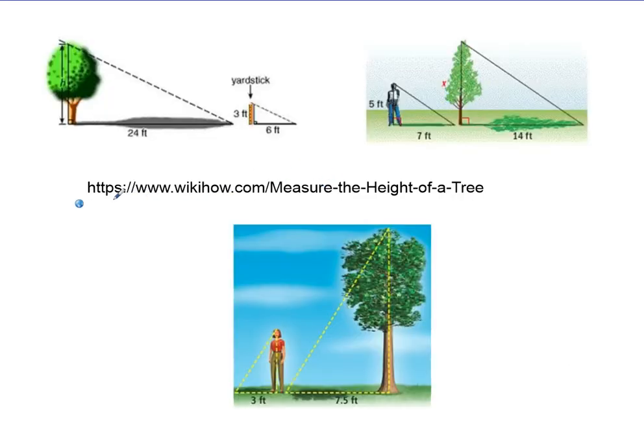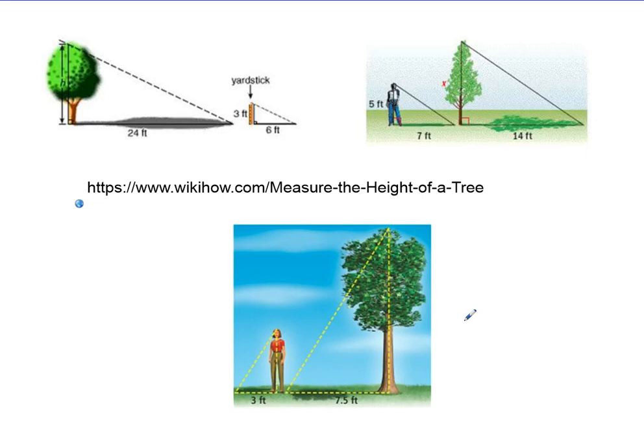So if you Google how tall is my tree, or how do I find out how tall my tree is, you get so many diagrams of similar triangles having to do with shadows that I just had to show some of these to you guys. This is apparently a very common issue that people have. And why would they?